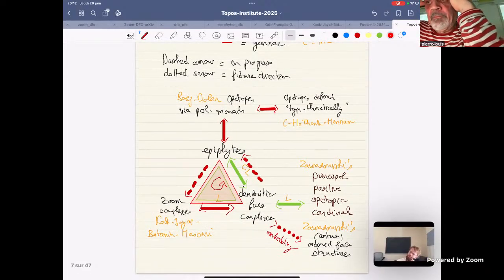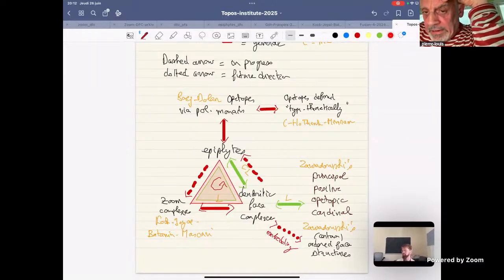In particular, they have been revisited by a group of people, Kock, Joyal, Batanin, Mascari. And they tried to understand the Baez-Dolan construction, and they came up with a combinatorial description, which is very nice, which is called zoom complexes.